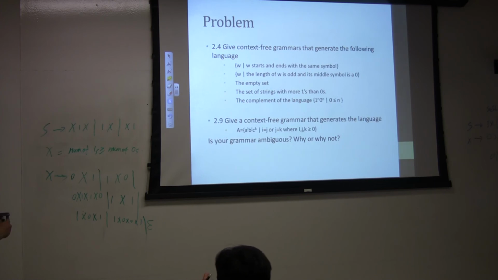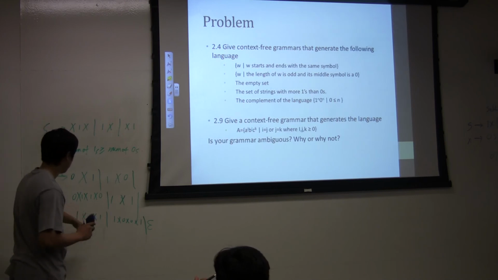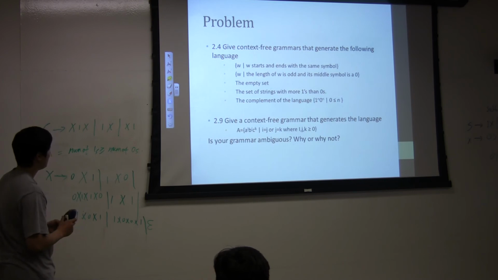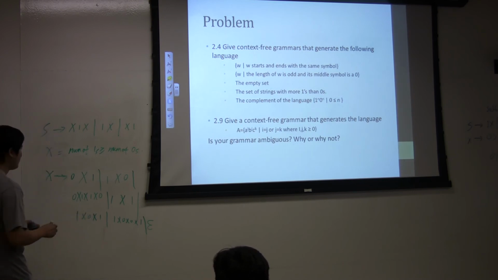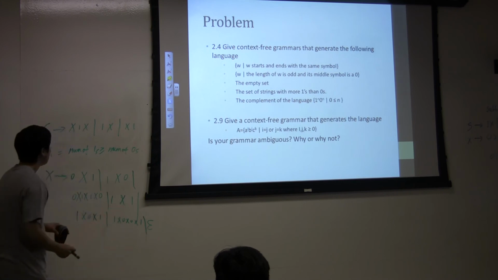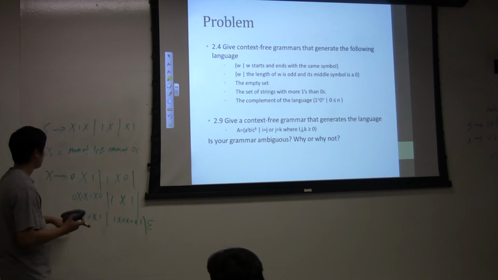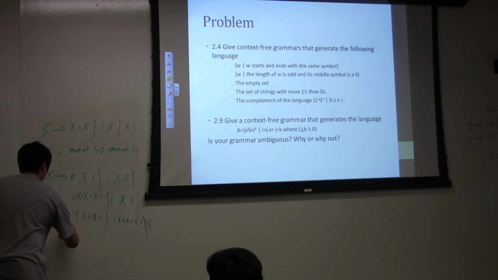Why do we need those special cases for strings starting and ending with 1? Start and end with 1s. I mean, why do we need a 0? This one. Yeah. Because this one contains only... so for example 101.